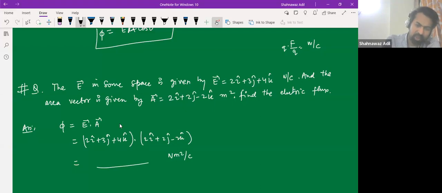You guys already know the dot product. What would be the value? Please tell me. I have told you about the dot product, the scalar product.